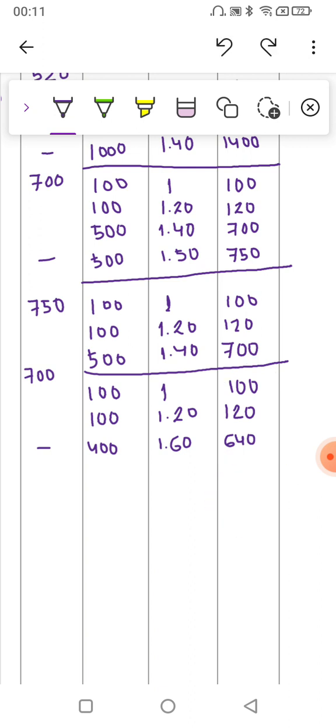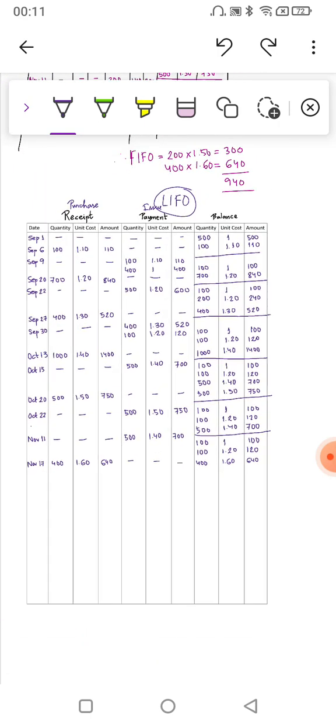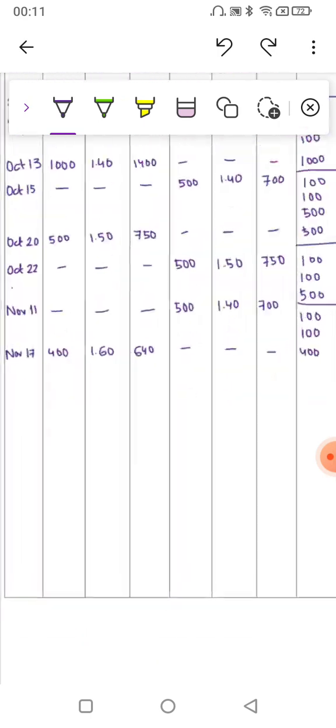So we are going to write the answer this way, that we have done LIFO.